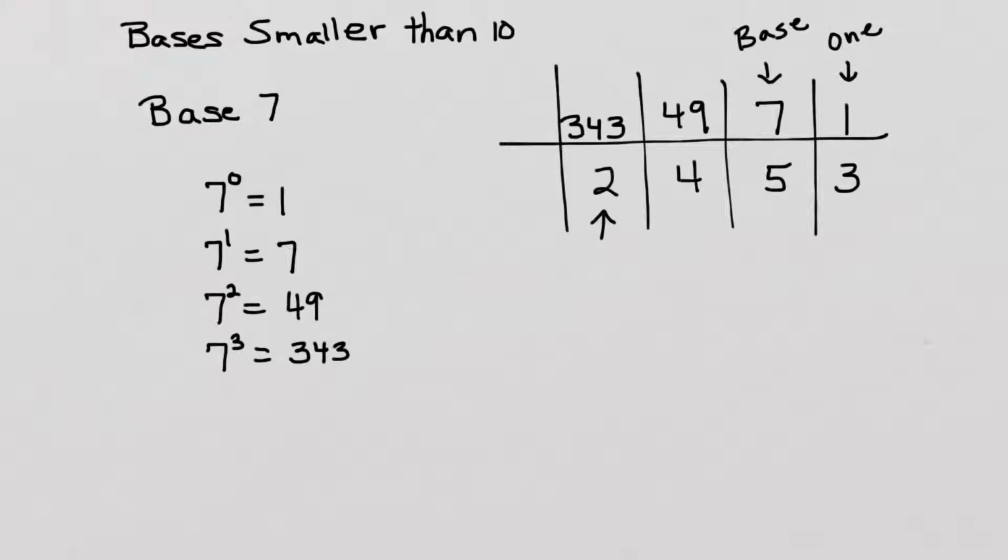I need to be careful that I only use digits that are less than whatever the base is. I can't go over the base in terms of what digits we use. So when we're working in base 7, then our digits are always 0 through 6. 0, 1, 2, 3, 4, 5, 6. So those are the only digits that I can use in base 7.